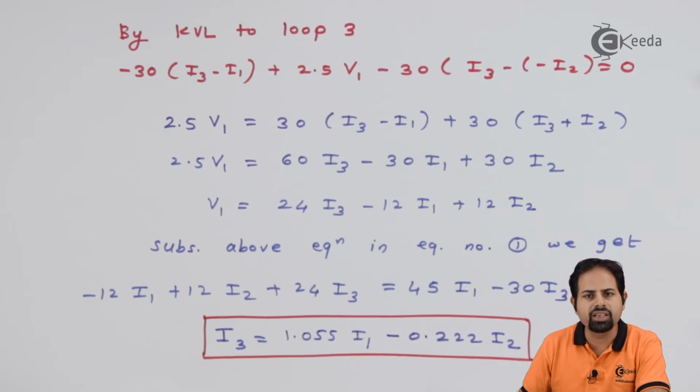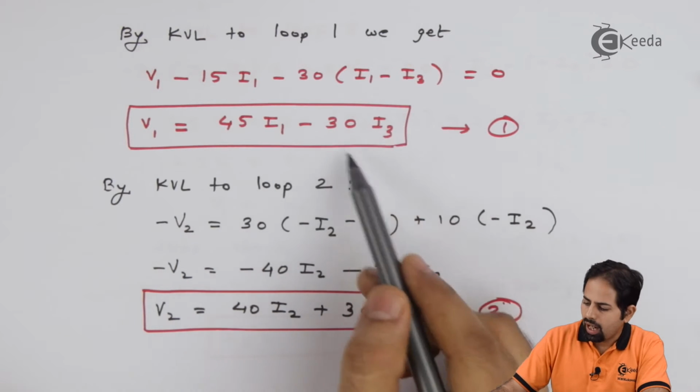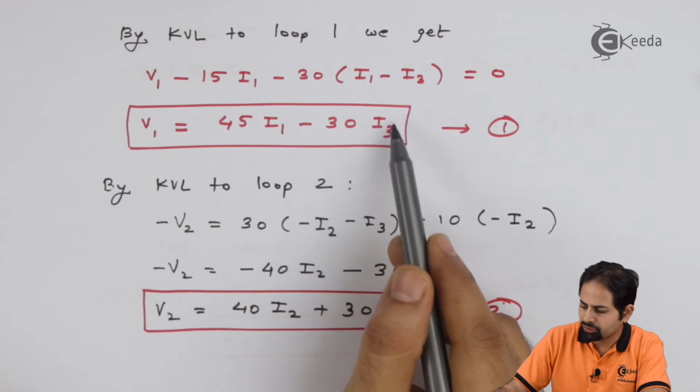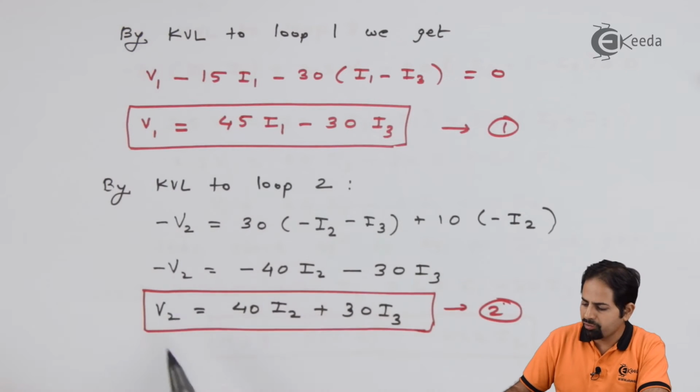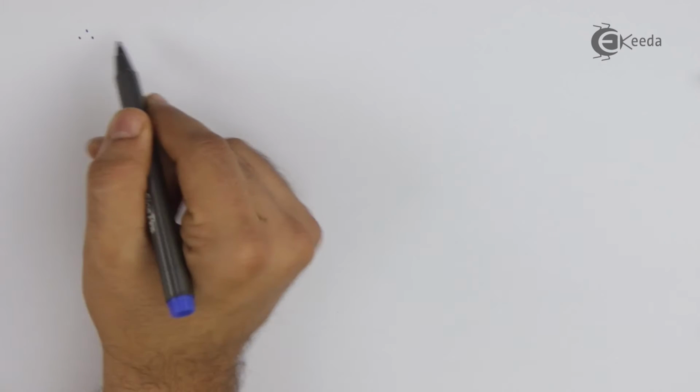Now this value of I3 which we have obtained, we will substitute in equation 1 and equation 2, that means the equations of V1 as well as V2. I3 now is in terms of I1 and I2. So once we substitute it here, our V1 and V2 will be in terms of I1 and I2, and that is our aim.